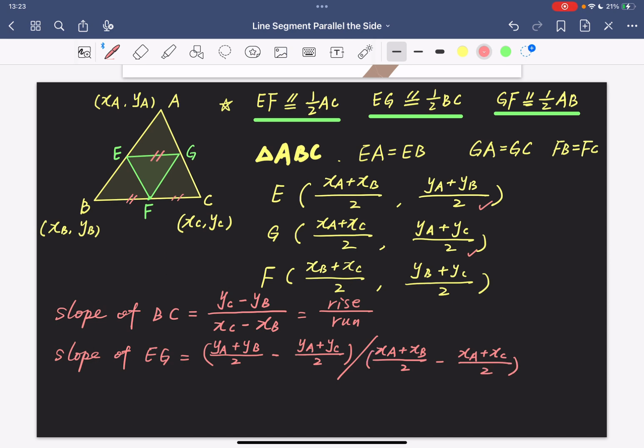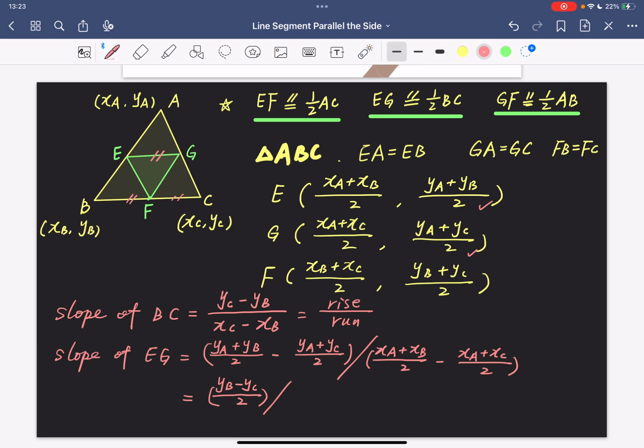After calculating, you can figure out the following results. This one and this one will disappear, so just this one and this one are left. So we write yb minus yc over 2, divided by the denominator, where xa cancels out with xa.